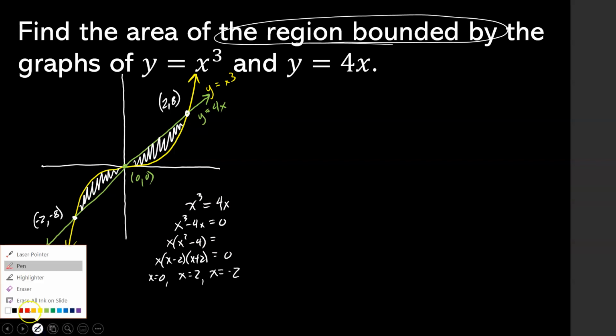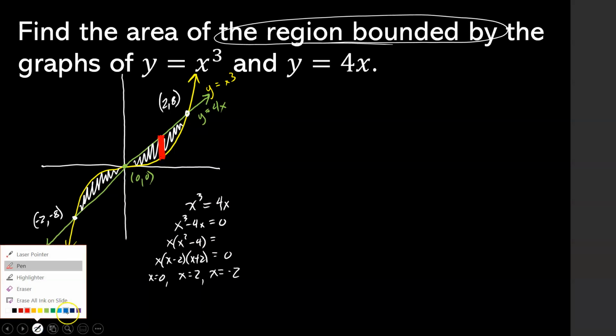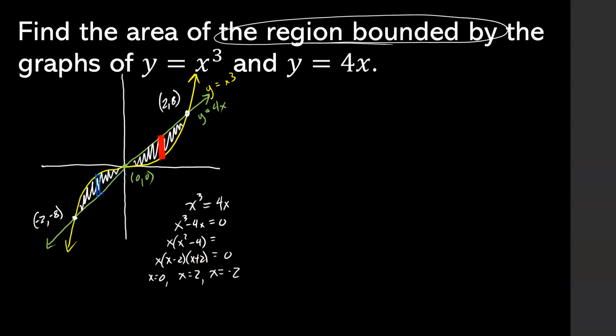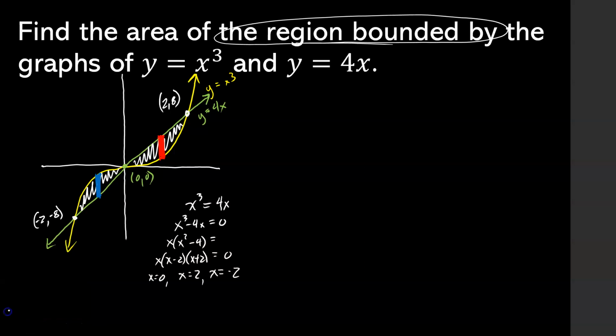So what we do, let's draw a representative rectangle. For this rectangle, it's line on top and the cubic on the bottom. For this region, it's cubic on top and line on the bottom. So let's set those up. We're just thinking width times height.